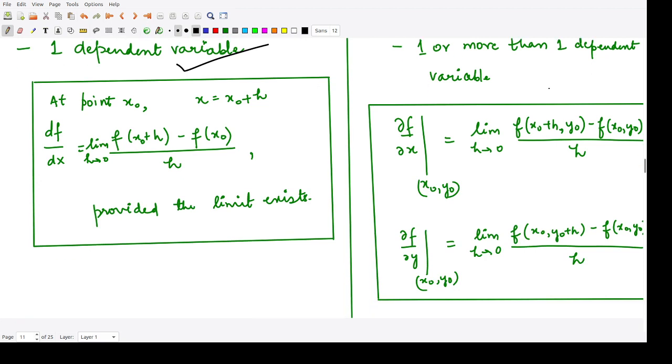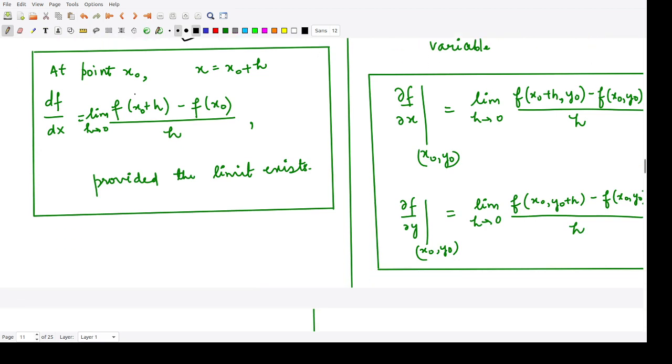So mathematical definition is this one. Suppose you wanted to see what is the change in f corresponding to the change in variable x. x is the independent variable, and f is the dependent variable. So here whenever you change the point x naught, or you wanted to see what is my derivative at this point x naught.